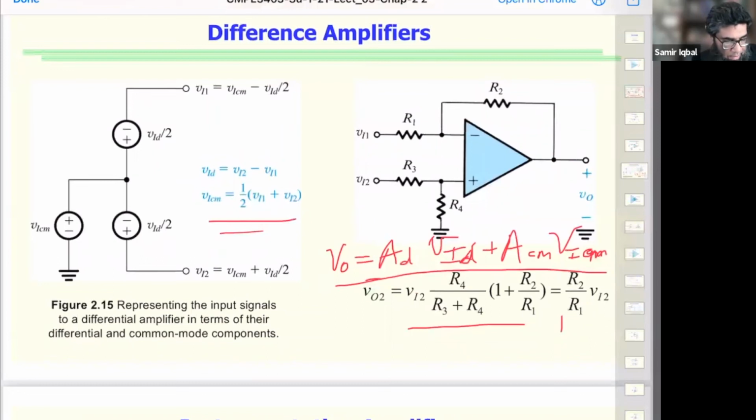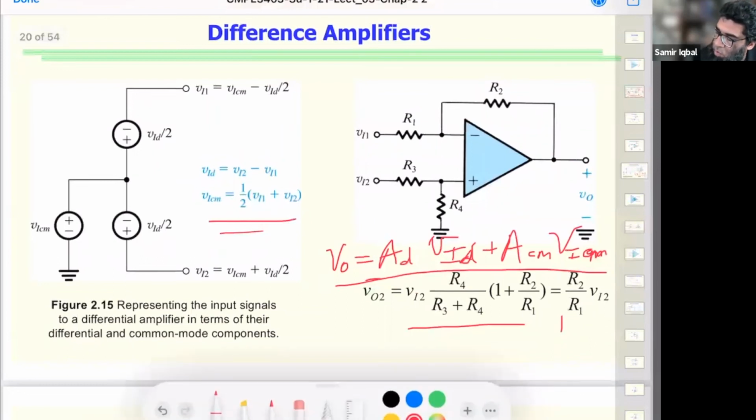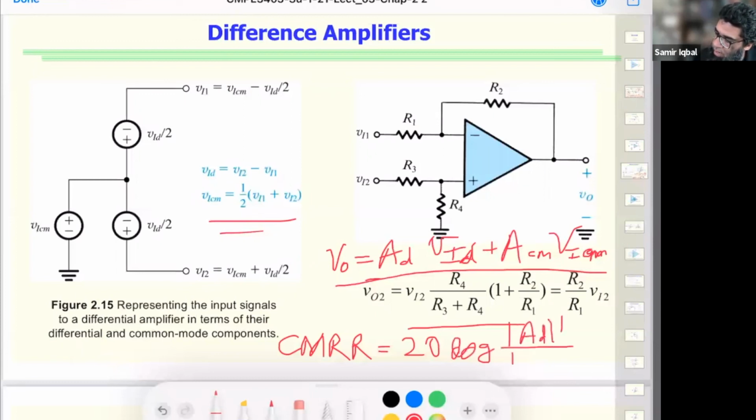And for the effectiveness of common mode rejection, we have something called the common mode rejection ratio, which is measured in dB. All it does is tell us how effective the amplifier is in rejecting common mode and amplifying the differential signal.